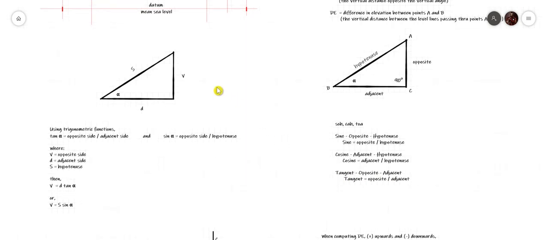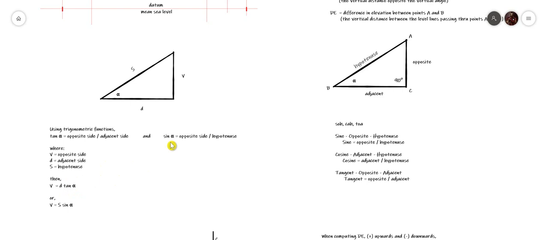From the triangle shown in the figure, V is the opposite side, D is the adjacent side, and S is the hypotenuse. Using trigonometric functions, tangent alpha equals opposite side divided by the adjacent side, which gives V equals D times tangent alpha.